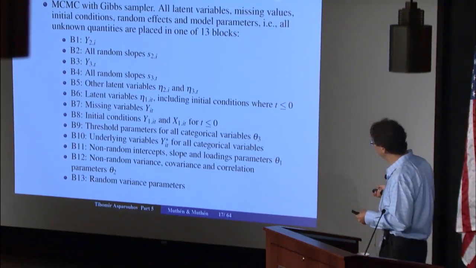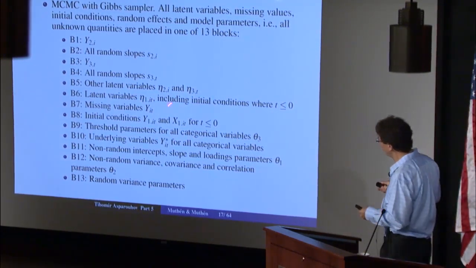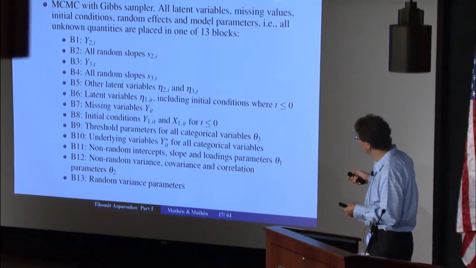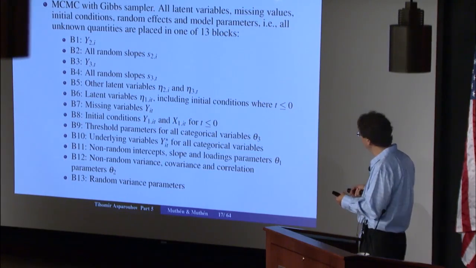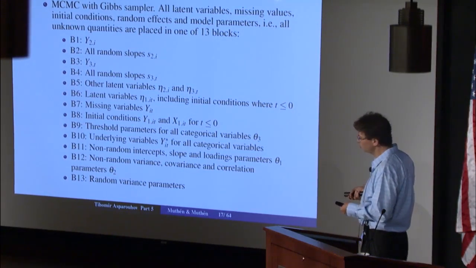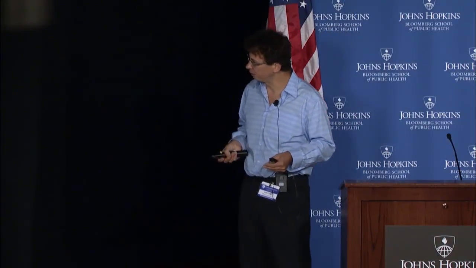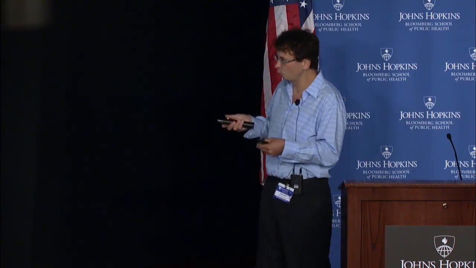So we want the smallest number of blocks, but of course that makes these blocks very large, and so the conditional distributions are more complex than if you just update one quantity at a time. Nevertheless, we want these big blocks to get fast convergence.